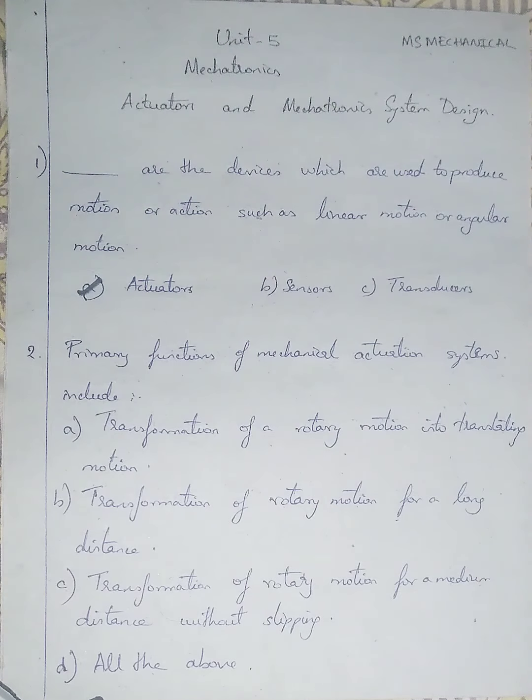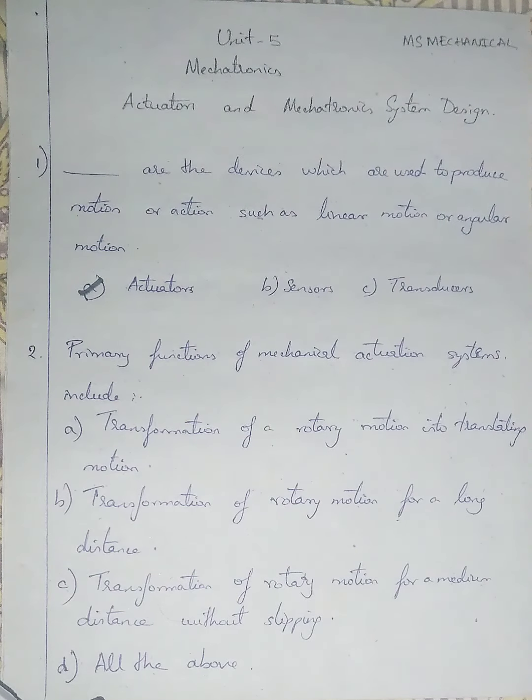We are using a mechanical actuation system for converting rotational motion into translating motion, for example using pistons. Option B says transformation of rotatory motion for a long distance. With short distance we can transfer rotatory motion using gears, but for long distance we can't use gears, so we'll be using pistons or belt drives.